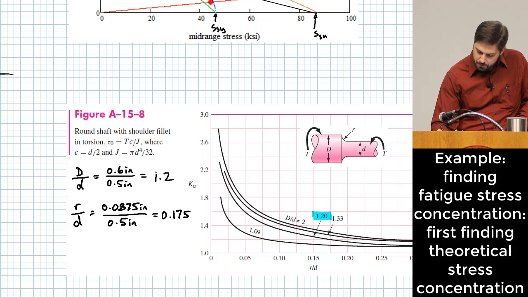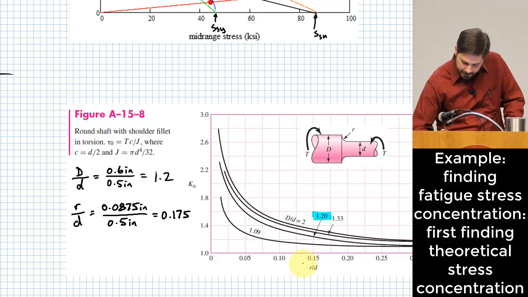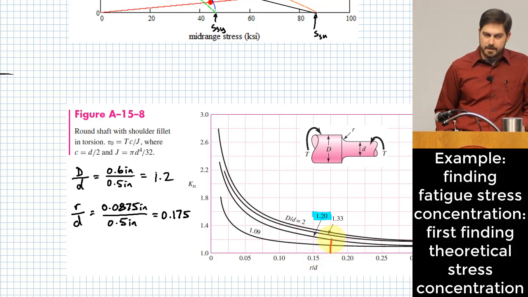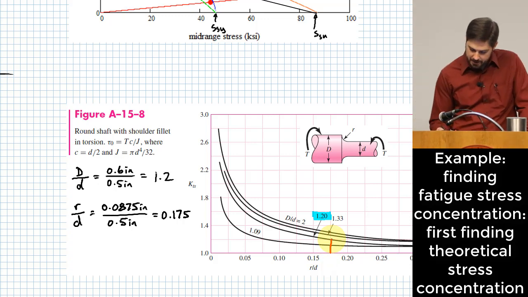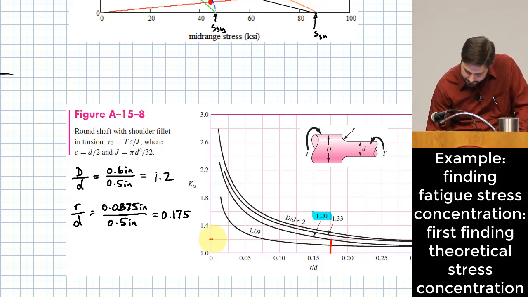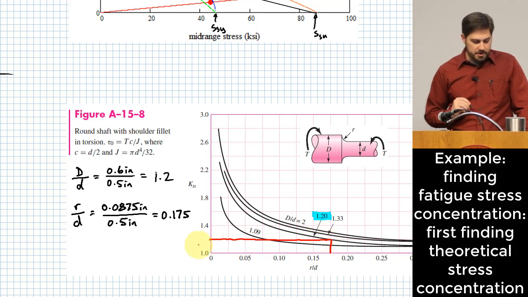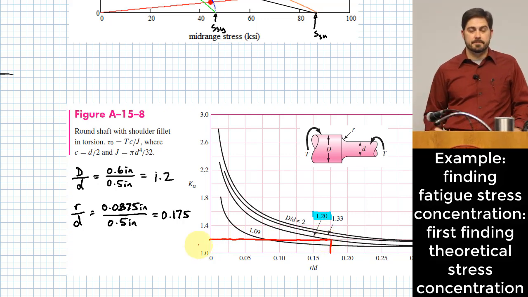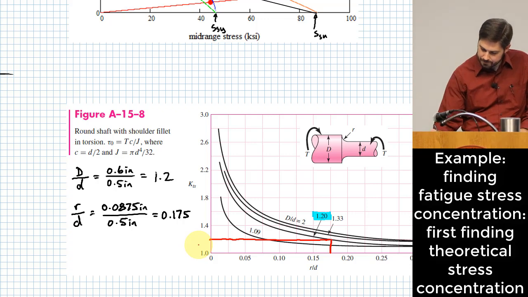And then I need to read at 0.175. That's actually this line right here. Okay, and that tells me that I read up to right there and across to here. And what's my value for K sub T? 1.2.